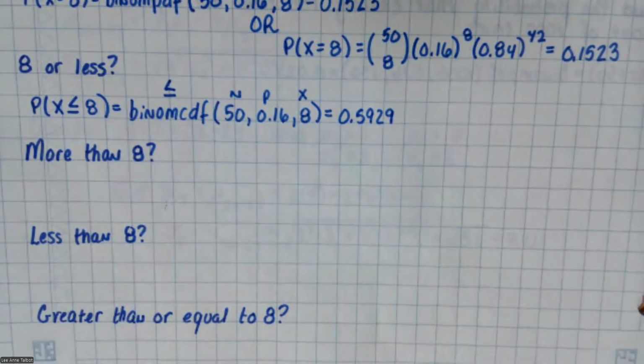The 8, 7, 6, 5, 4, 3, 2. Yes, so if you got stuck on a test or quiz, you could do binom PDF 0 plus binom PDF 1 plus binom PDF 2 plus 3 plus 4 plus 5 plus 6 plus 7 plus 8, a giant string of decimals, and then get that answer, but you don't have to. Okay, are you ready? More than 8.